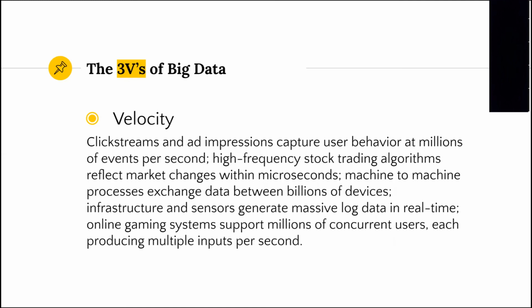Now the second V is velocity, and velocity means the rate of growth of data. So it literally means how fast the data is accumulated, regardless of your current situation. So even if you have a small data set at this point, if you expect your data to grow at a fast rate, then you have a big data problem. One good example is the self-driving car.